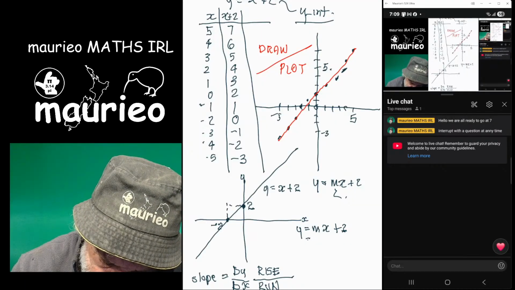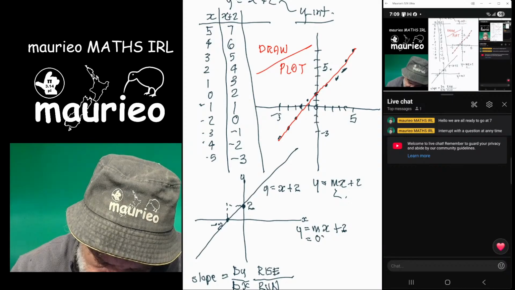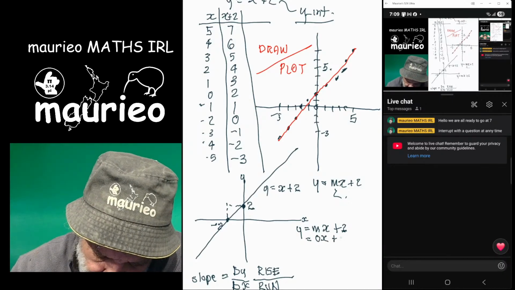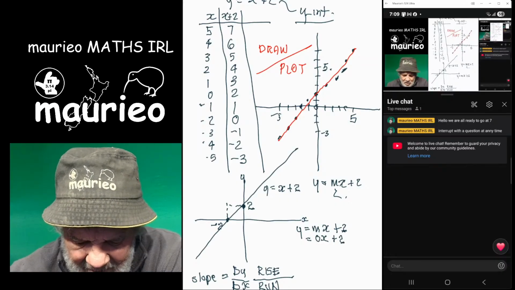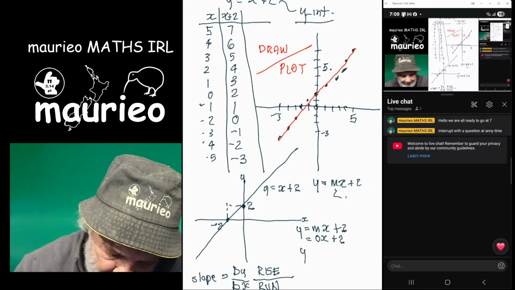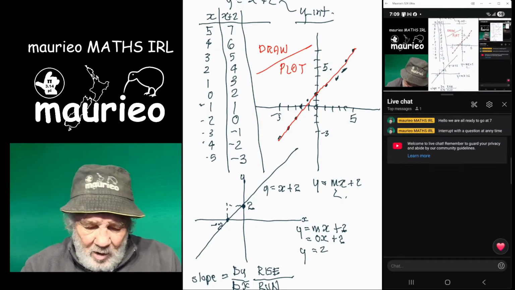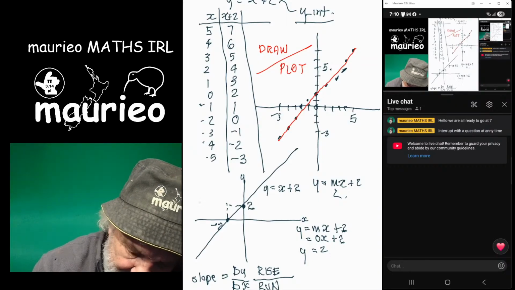So we're going to get y equals 0x plus 2, then we get y equals 2. So the y value is 2, and it doesn't matter what value of x.